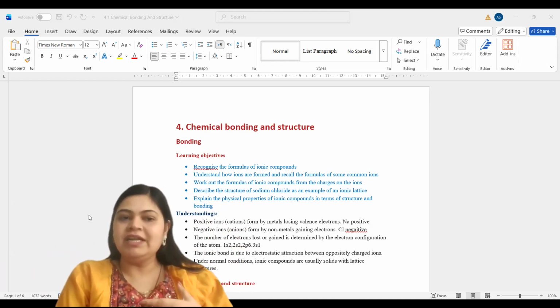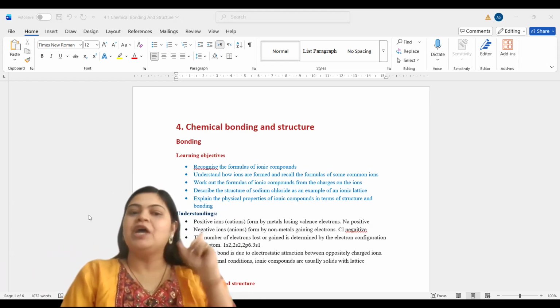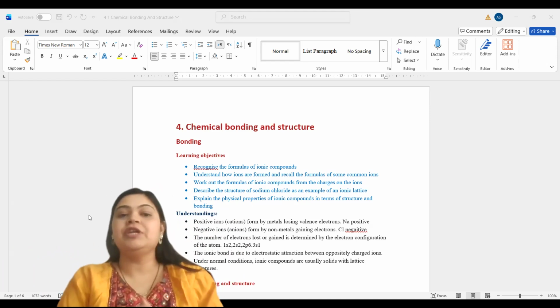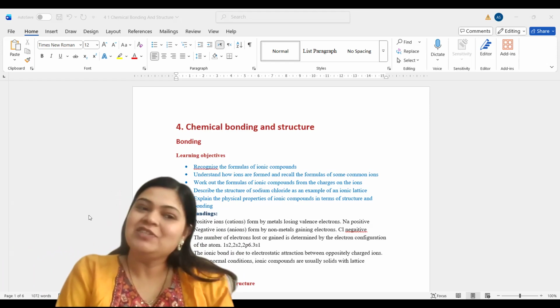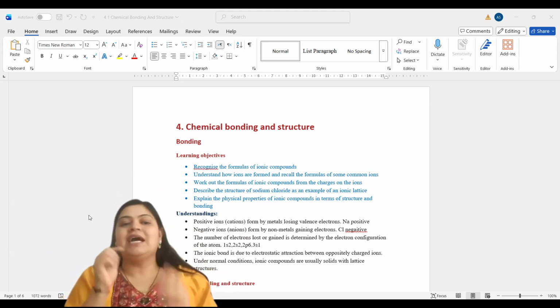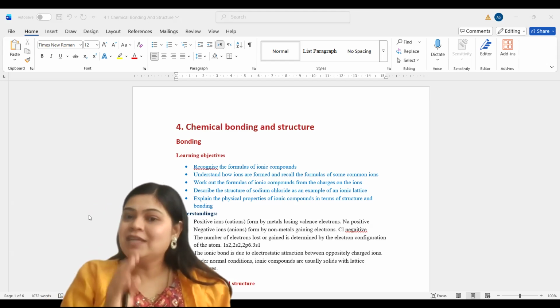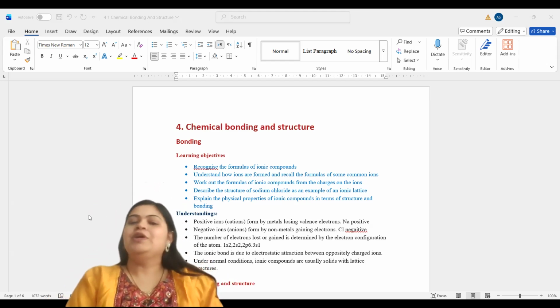Taking that into account, today we are going to study the outline, learning objectives, understanding, description and application of chemical bonding.